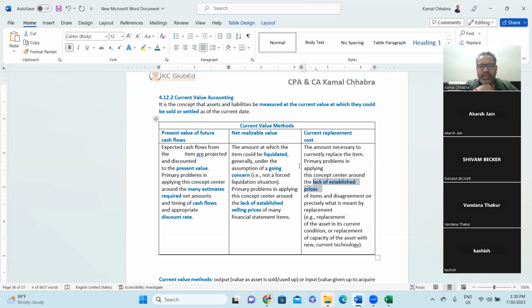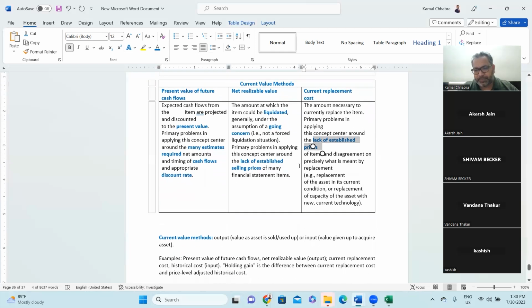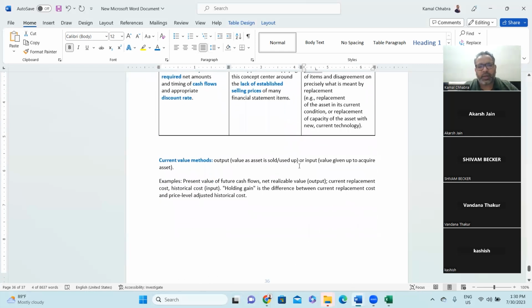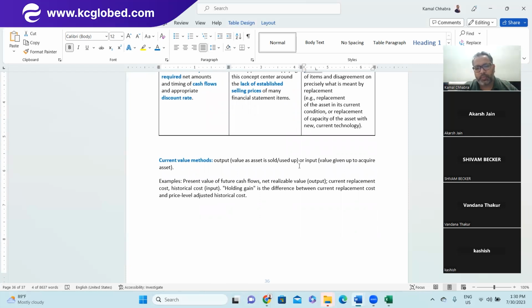So those kind of challenges are there in application of these methods, but these all three methods are acceptable methods as per GAAP, right? Current value methods like output or input, which is value of assets sold or used, or input may be value of assets given up to acquire another asset.